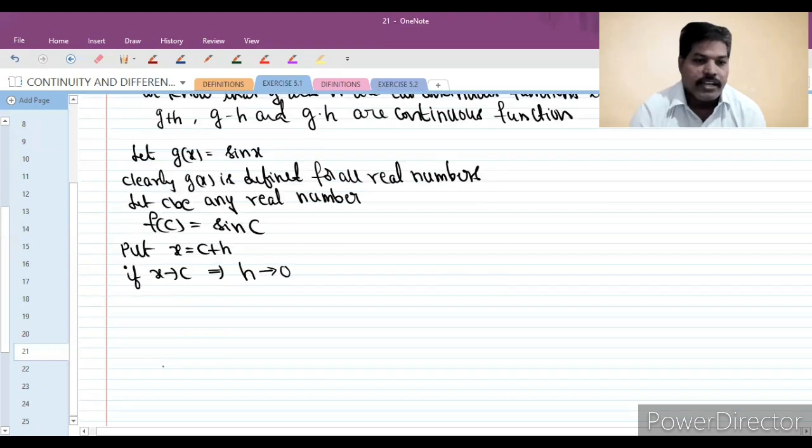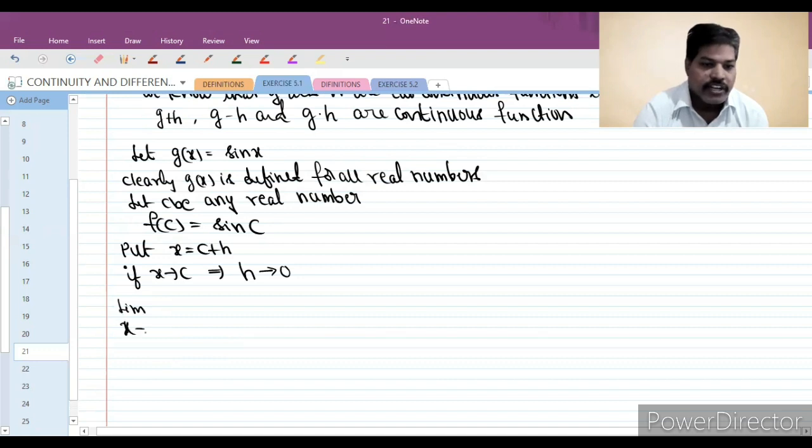So I will take the limit as x tends to c of g of x.